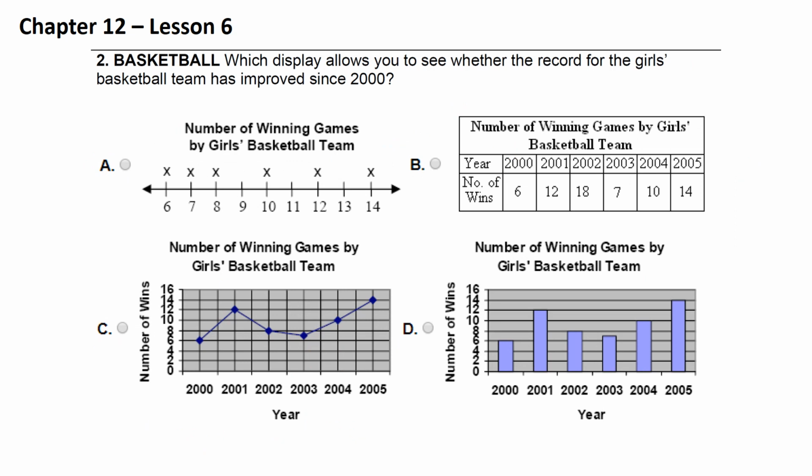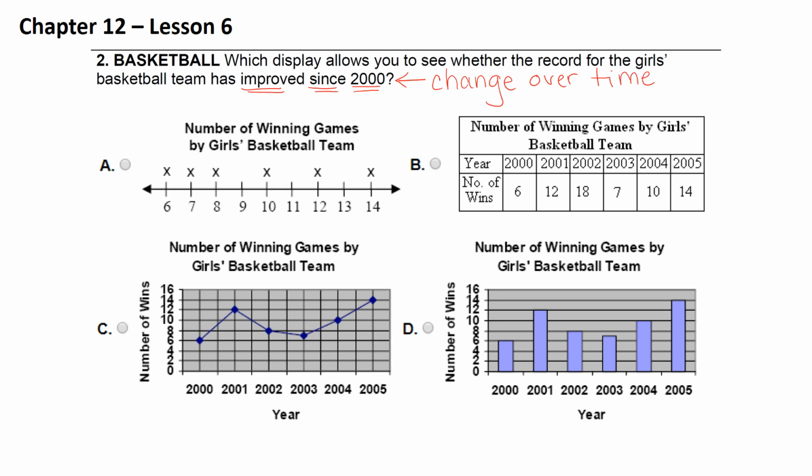Question 2, basketball. Which display allows you to see whether the record for the girls' basketball team has improved since 2000? Now, improved since 2000. This would be an example of change over time.